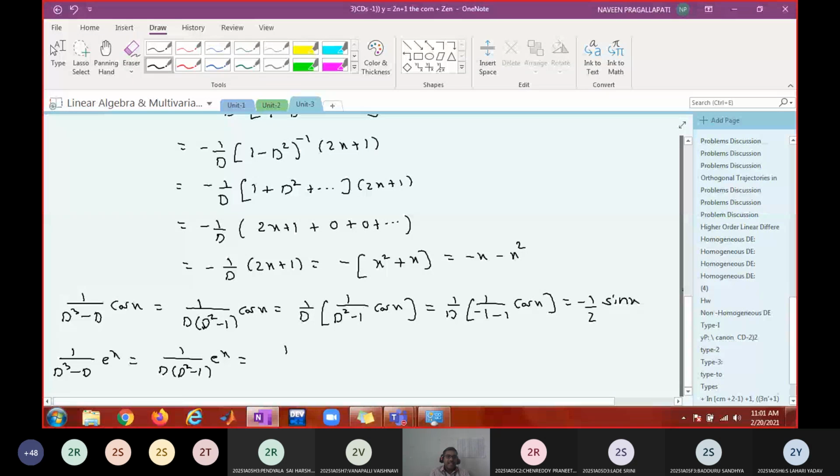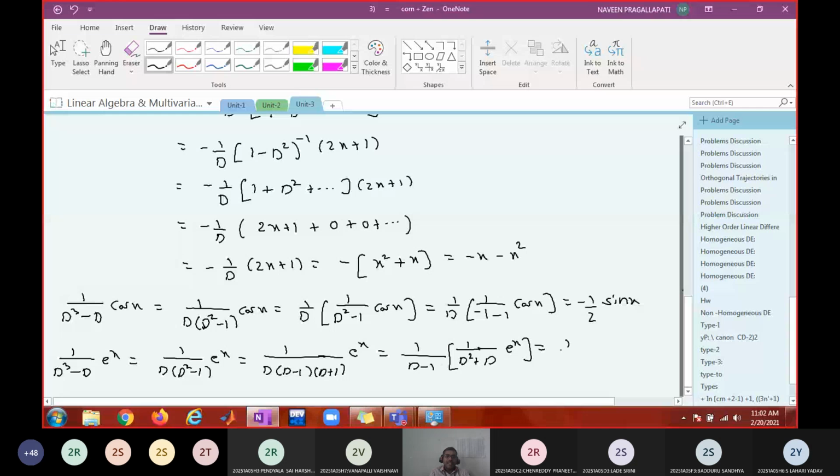I can write this as 1 by D into D minus 1 into D plus 1 of e power x, or I can write this as 1 by D minus 1 of 1 by D into D plus 1 of e power x.